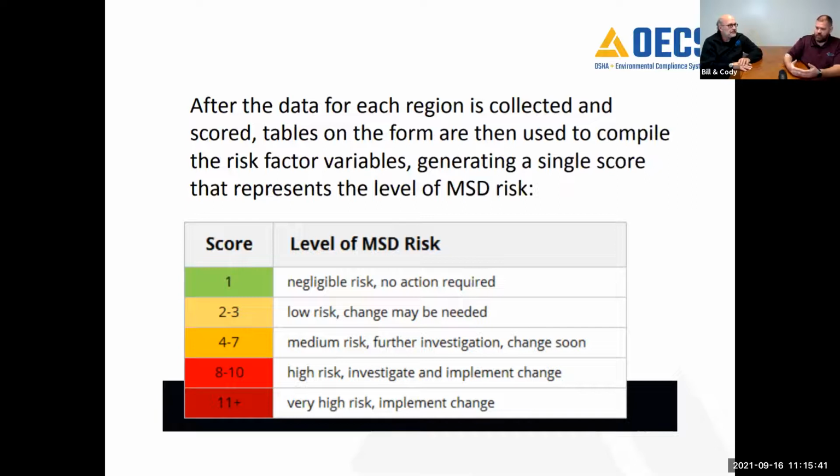That really is the end goal of this: to score that particular activity, task, or stance, and see whether there is something we need to change or adjust so that we don't continue putting people at risk in those situations. Because you're going to find there's a lot of fruit to pick when you start looking at ergonomic issues. You have to determine what the lowest hanging fruit is, or the highest priority, however you want to think about it.